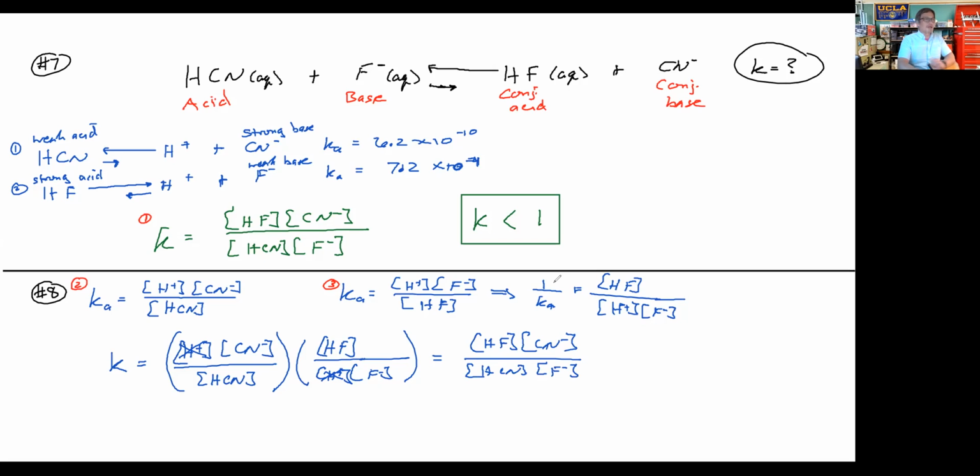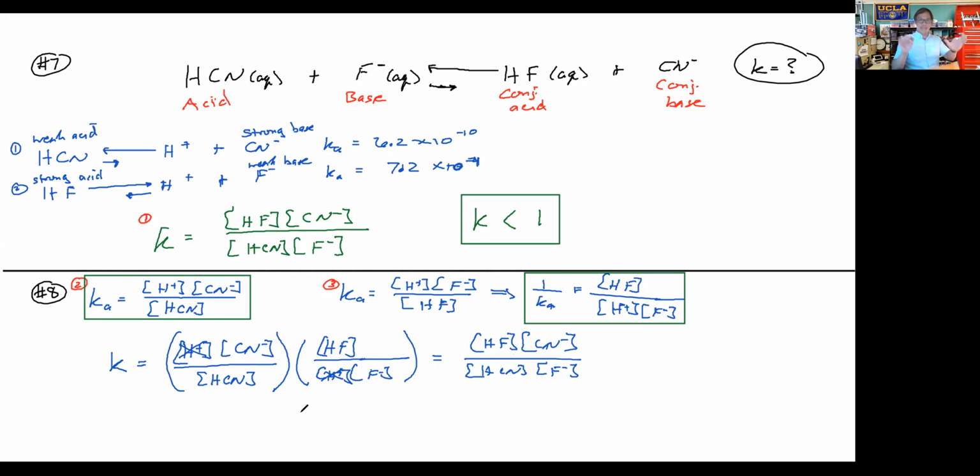By multiplying the reciprocal of the Ka for hydrofluoric acid times the Ka, the law of mass action for hydrocyanic acid, we get the equilibrium expression for this reaction here. That's what we have right here.